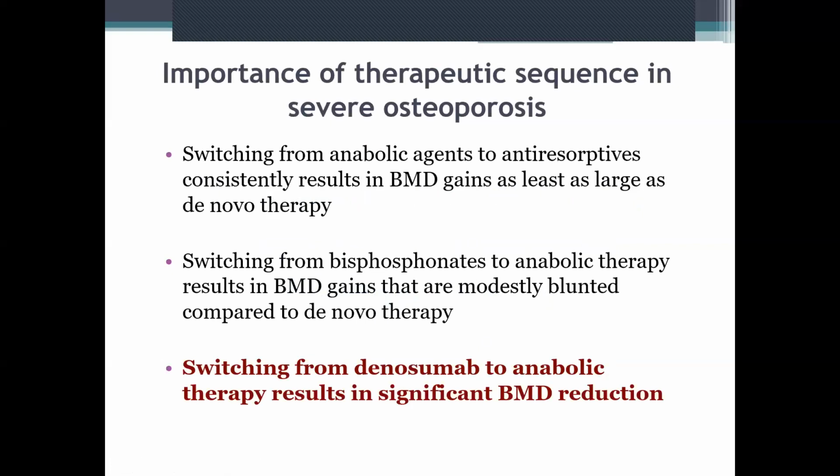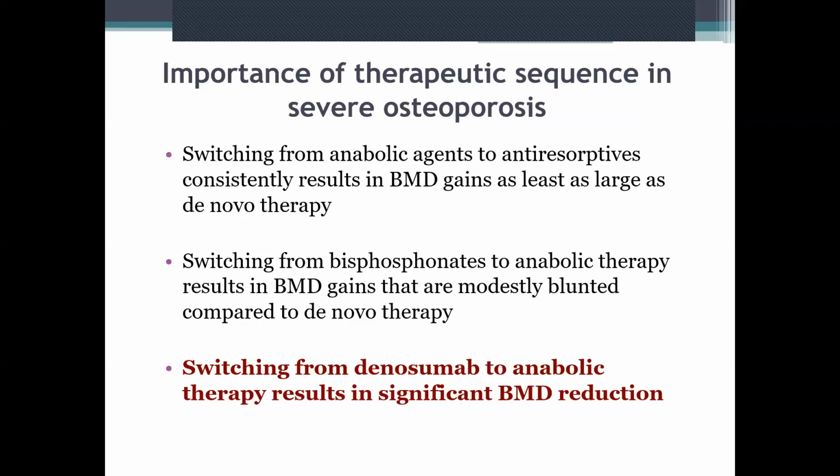So if you have a patient with very severe osteoporosis, multiple fractures, very low T-score, you know that they would benefit from an anabolic agent in the first instance. Unfortunately, if you look at the PBS criteria, they will still need to be on normal anti-resorptive therapy first for up to 1 year.